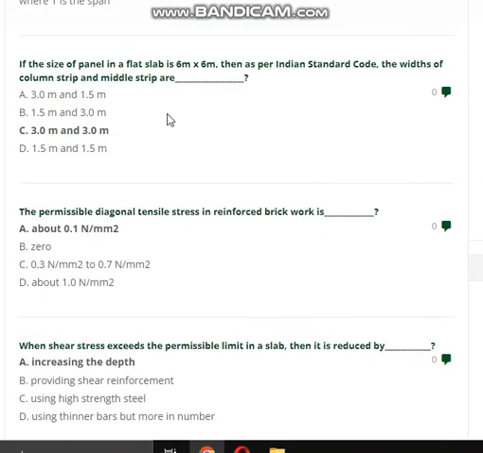If the size of panel in a flat slab is 6 meter by 6 meter, then as per the Indian standard code the widths of column strip and middle strip are 3 meter by 3 meter.